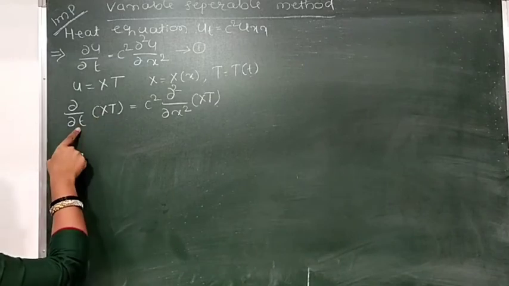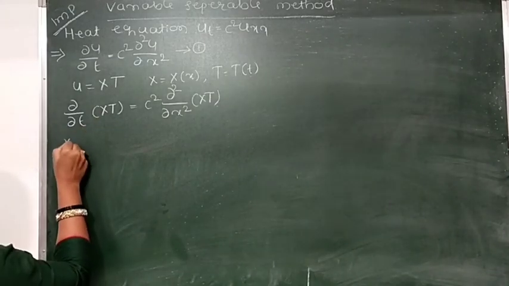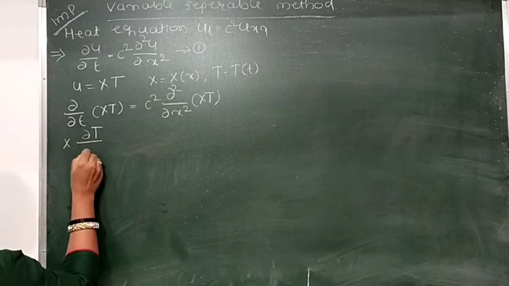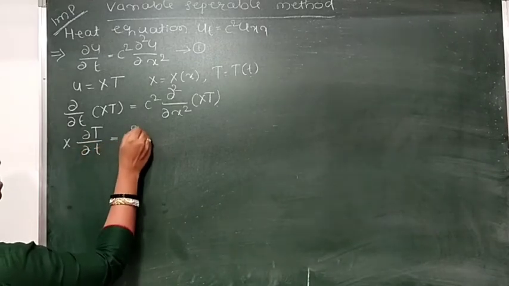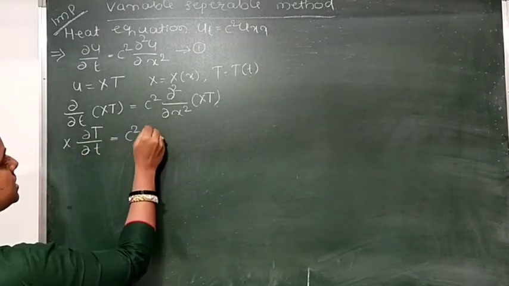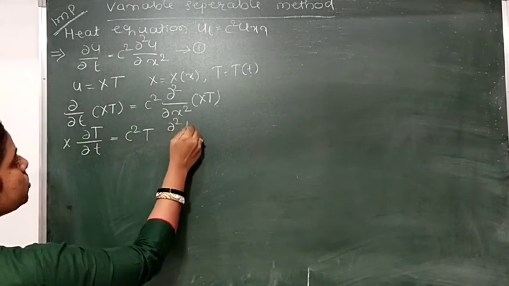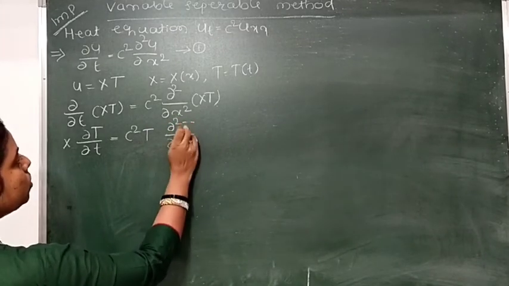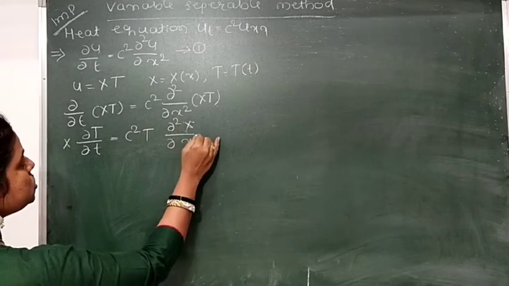Here X is a constant because the partial derivative is with respect to t, so X is taken outside: X ∂T/∂t = c² T ∂²X/∂x², where with respect to x, T is a constant.